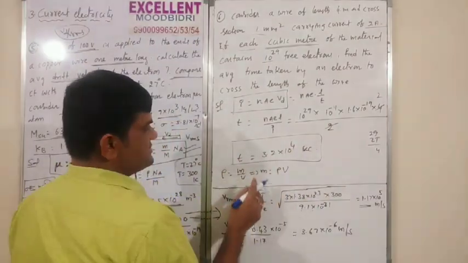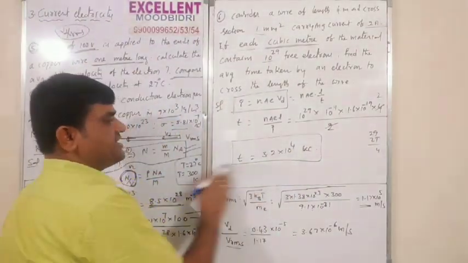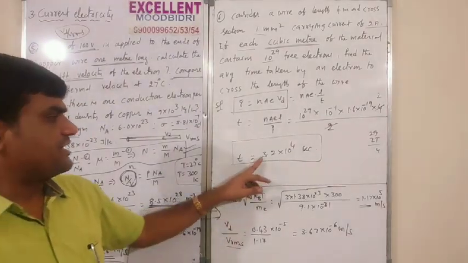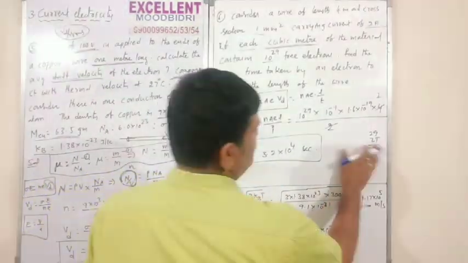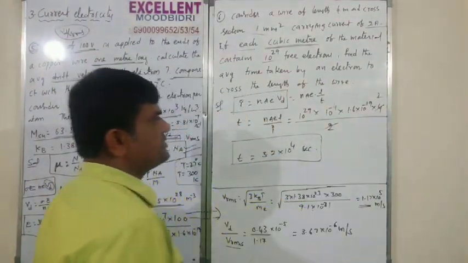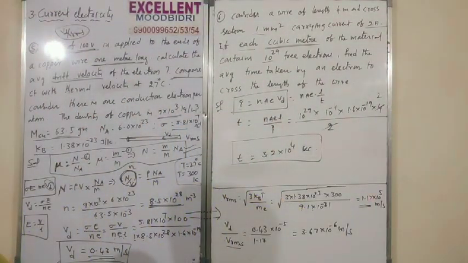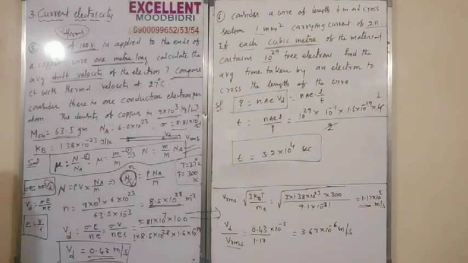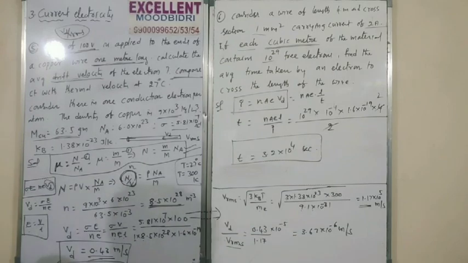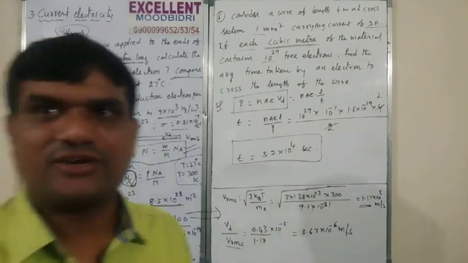So T is equal to 3.2 into 10 power 4 seconds will come. Are you clear? So that is the answer. Okay. Next.